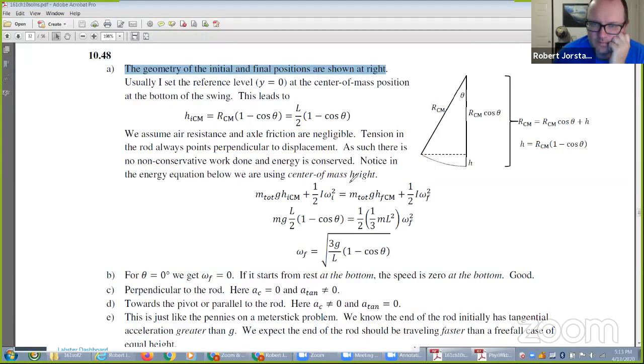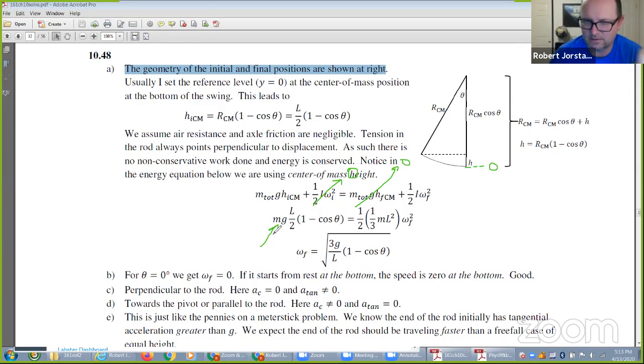This is 0 because initially at rest. This is 0 because in the final state, I'm going to set this height equals 0. You are free to choose whatever height you want to call 0. So I call the lowest point of the center of mass 0.